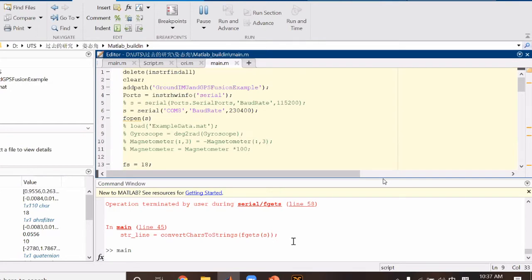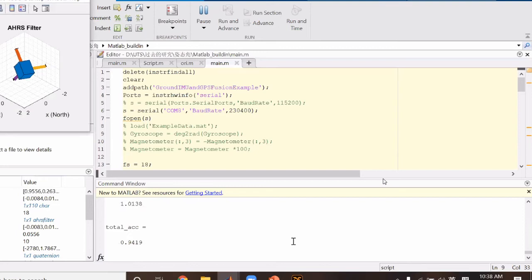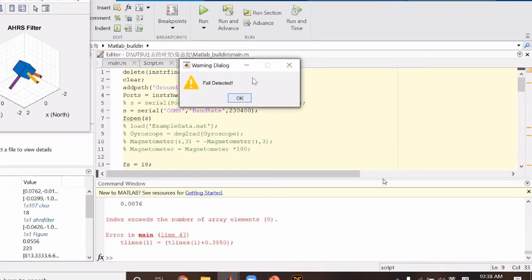So I'll show you how to generate an artificial fall, so it won't hurt you. I put this device in a box and fill it with some pivets. If I throw it from here to the ground, you can see there's a fall detected warning window here. That means the fall has been detected by your device and your algorithm.